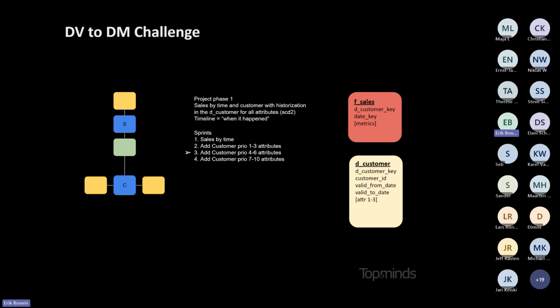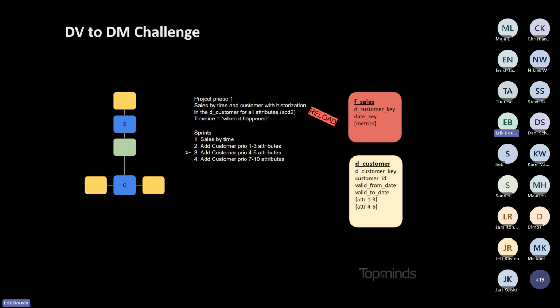All right, we move on to the third sprint. We add more things in the data vault. Everything goes smoothly. But in the data mart section here as well, we have added our 3 new attributes with history, meaning that the data that is here in the sales fact has incorrect keys.